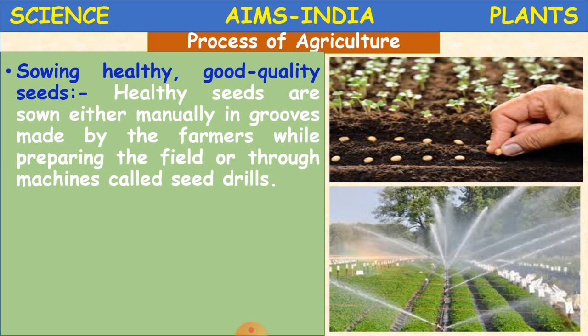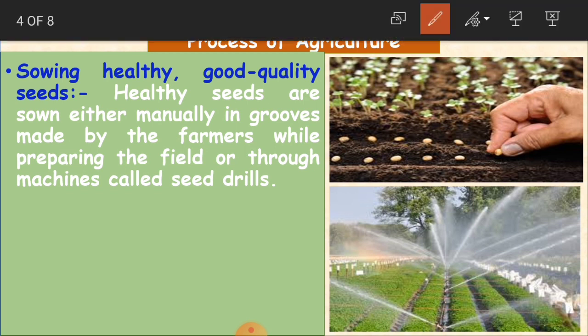If you see here in the picture, children, you can see this area where they have made some space to sow the seeds. This space is made manually by the farmers or through machines also. Sometimes machines are used to make these grooves. We call these grooves, where the seed is sown.